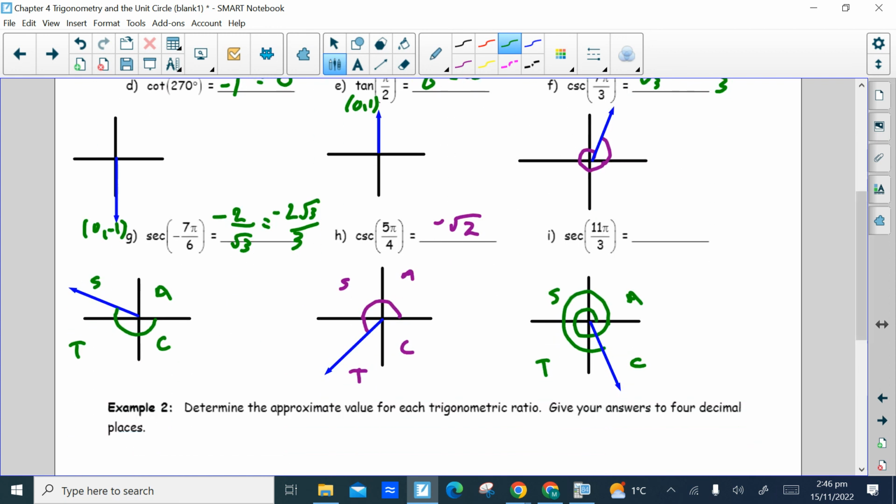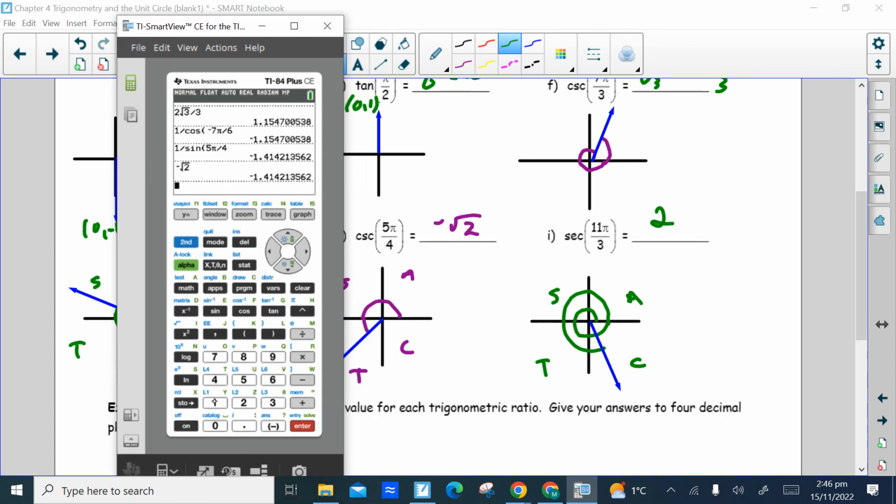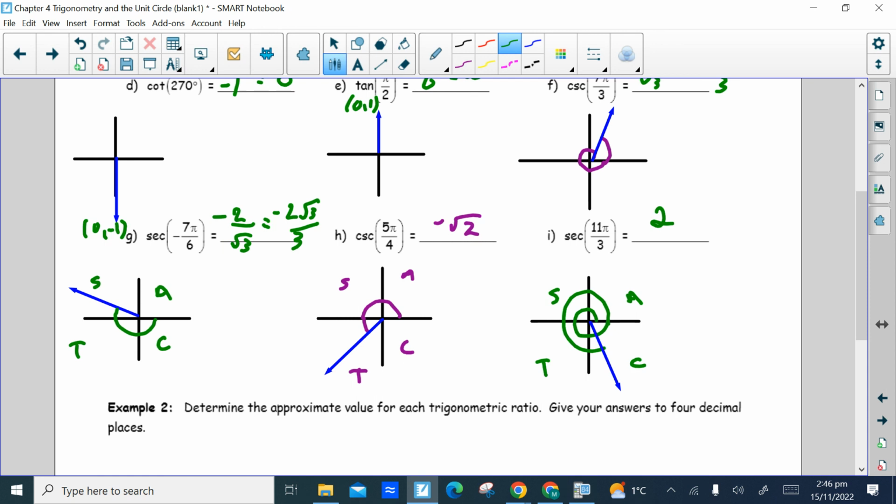So the secant will be the reciprocal of that, 2 over 1, which is 2. And if we do that on our calculator, we'll get that answer by going 1 divided by the cosine of 11 pi on 3. We get that answer. So we can check it.